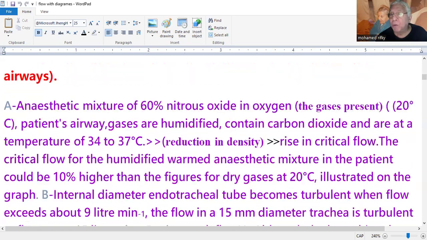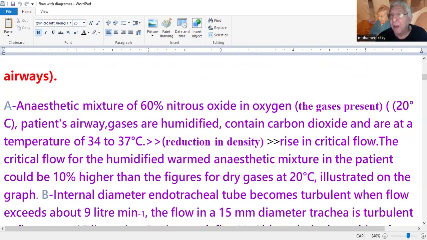Now we will come to the analysis of the diagram we will be showing later, representing the difference between the flow of nitrous oxide at 60% in oxygen or air at 20 degrees Celsius, or whenever I use expired air with CO2. The flow in such circumstances is different.